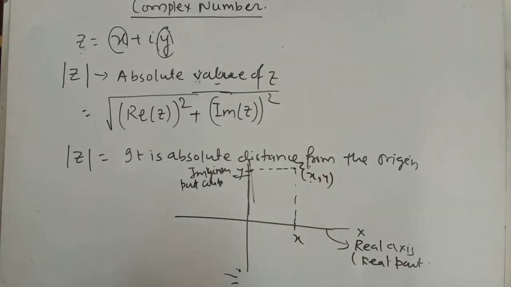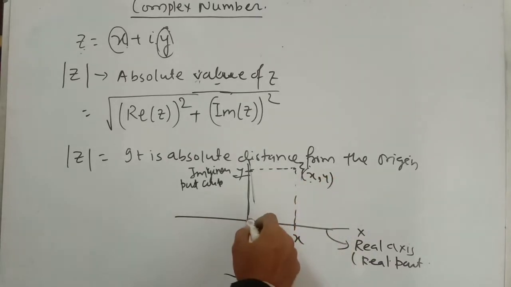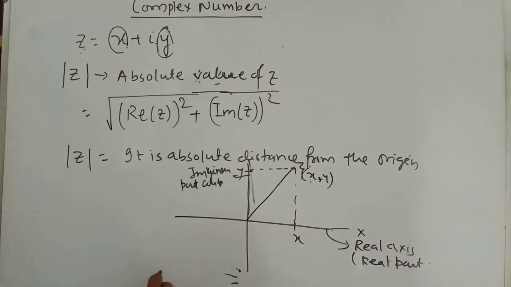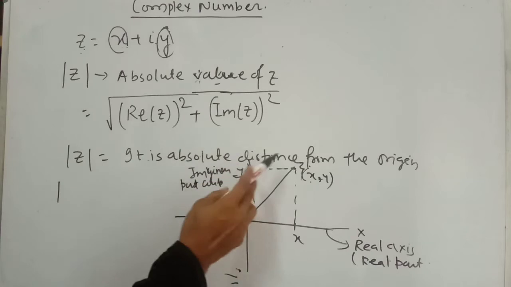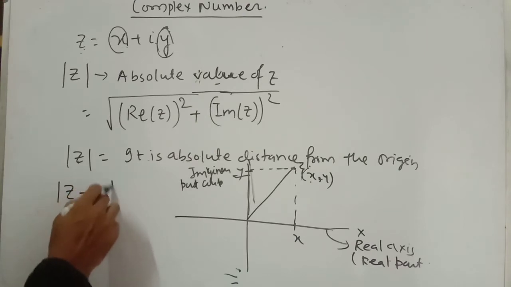You already studied this in class 10. What is the distance from the origin? You can find the distance from the origin. When you write modulus of z, it is the absolute distance from the origin. So you can write this term as modulus of z minus z0.